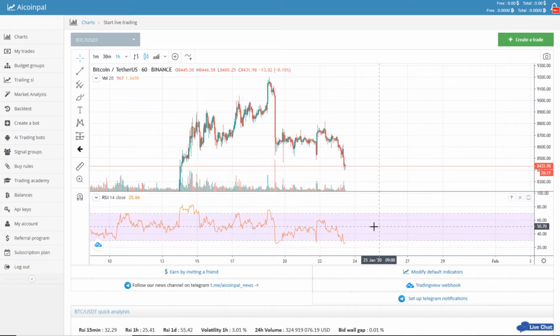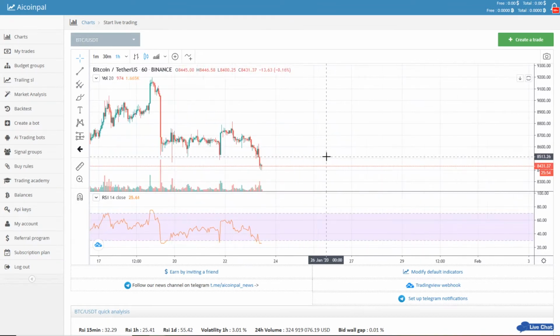And it points out whether the price is relatively oversold or relatively overbought. So what does this actually indicate to you? It indicates that you can have a quick analysis of whether the price is somewhere at the bottom or somewhere up high, relatively speaking, comparing candles.